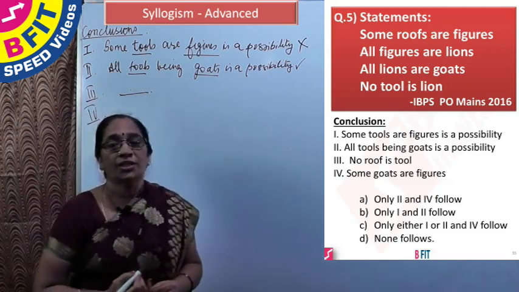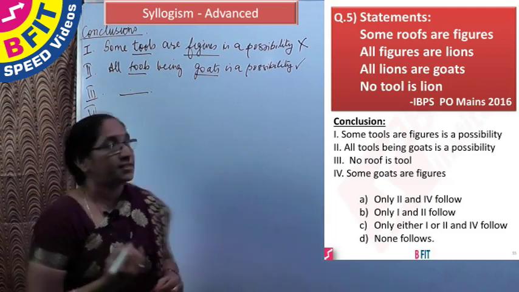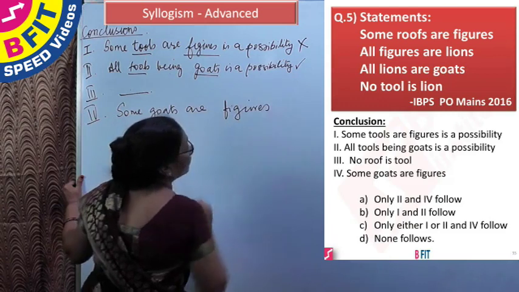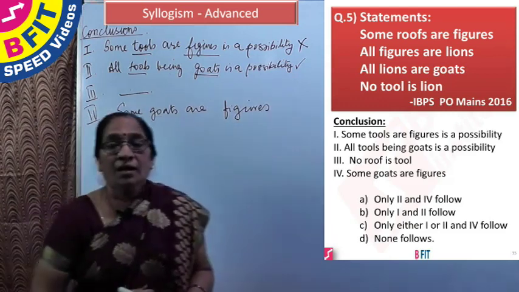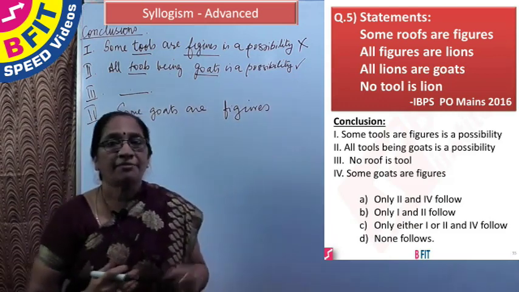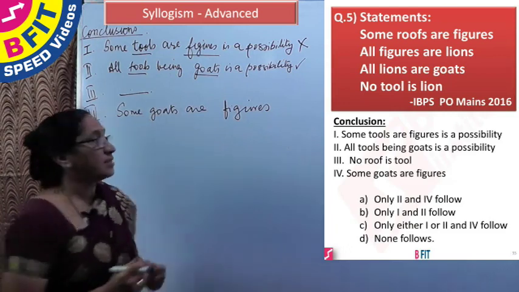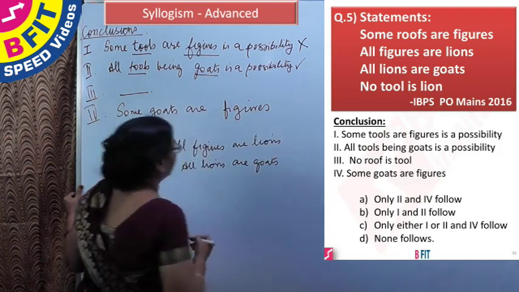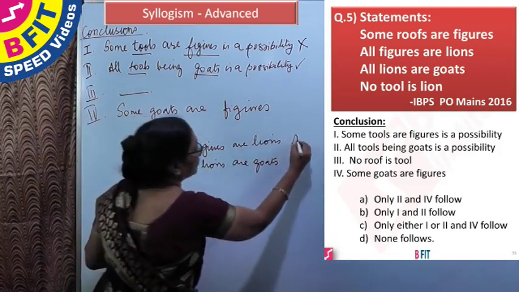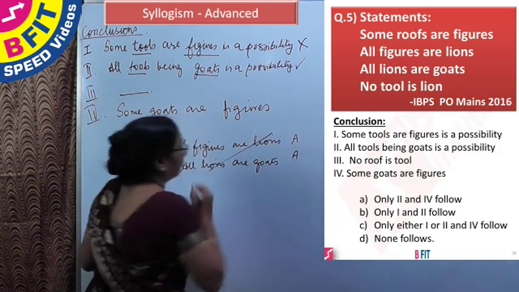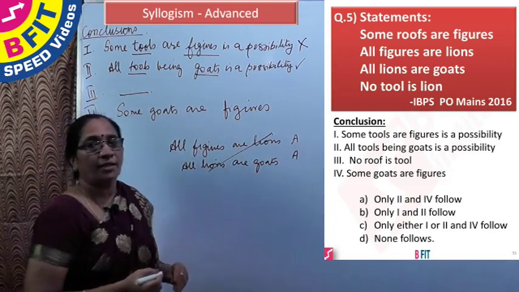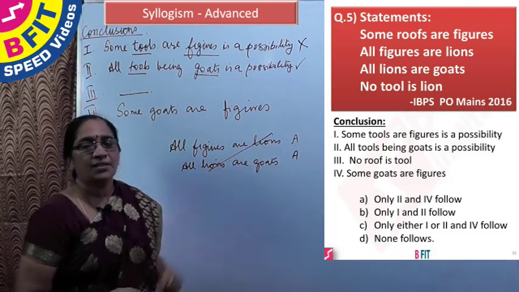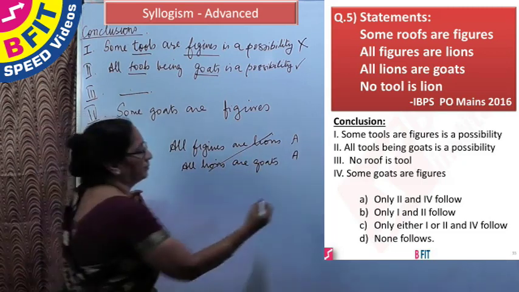The fourth conclusion is some goats are figures. The second and third statements have these terms goats and figures. Common terms are aligned properly. So when we combine an A statement with another A statement, the result will be an A statement.